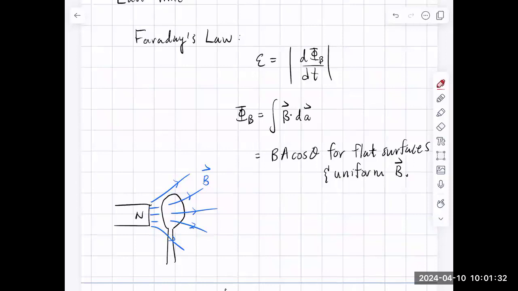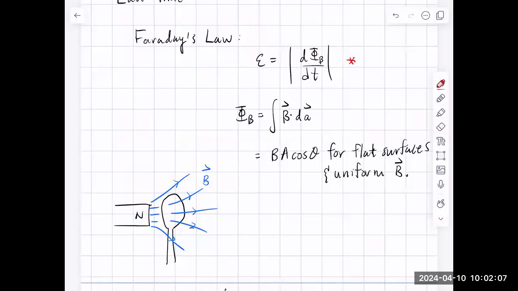One of the major results that we got last time was Faraday's law, which says that if you have a changing magnetic flux, so the derivative of the magnetic flux with respect to time is not zero, then you get an induced voltage through some loop. You calculate it by taking the time derivative of the flux. In general, the magnetic flux is given by the integral of B dot dA.